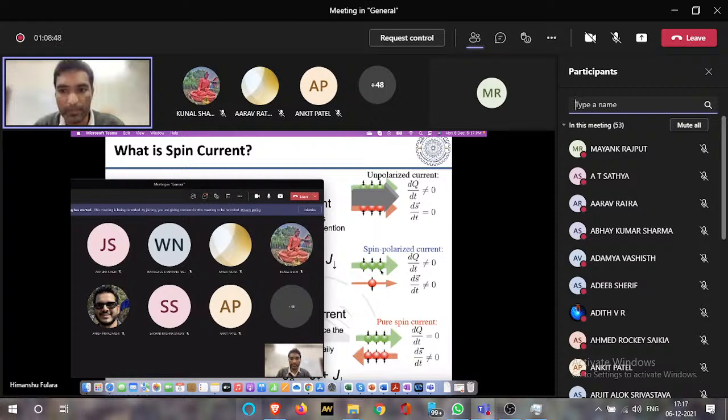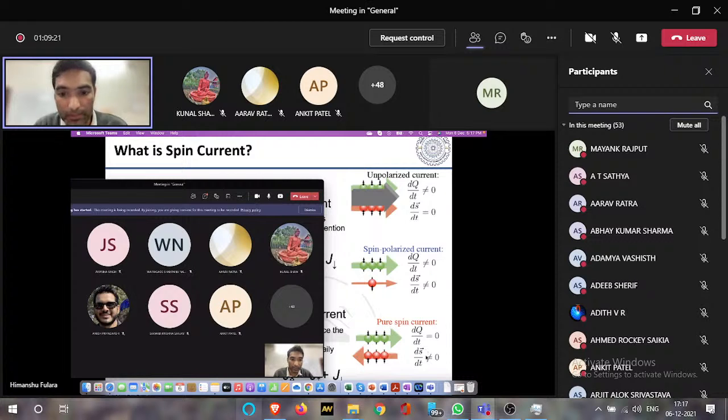So spin polarized current is a current in which there is an imbalance between spin up electrons and spin down electrons. And if by a certain method you can create an imbalance in such a way that spin up electrons are moving exactly opposite to the spin down electrons, spin up in this direction and spin down in this direction, then you have no charge current.